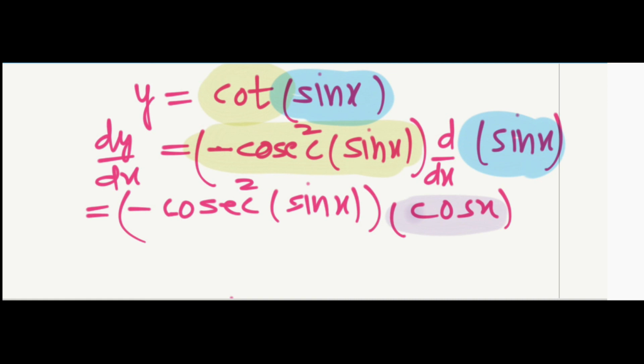So I repeat once again, if y equals cot sin x, then dy by dx equals minus cosecant square sin x into the derivative of sin x, which is cos x. So finally we get the answer, minus cosecant square sin x into cos x.